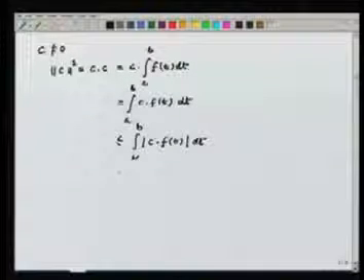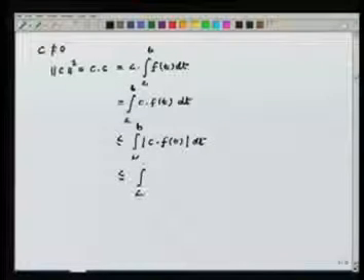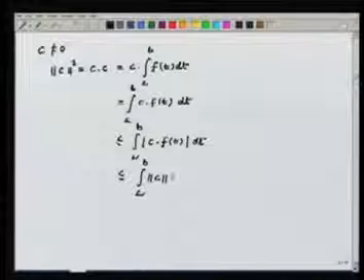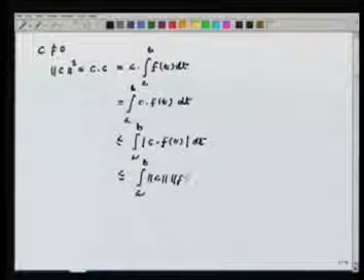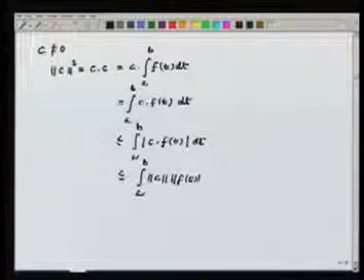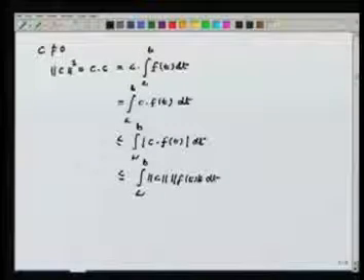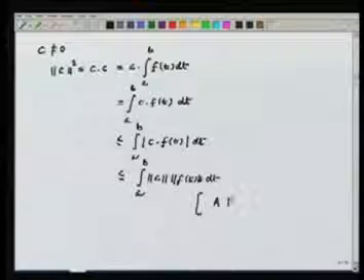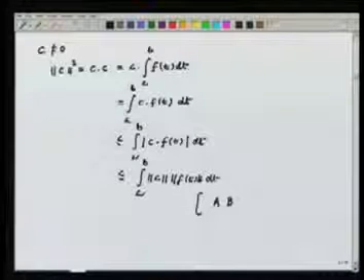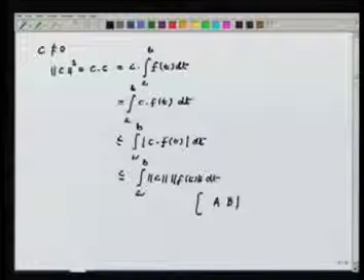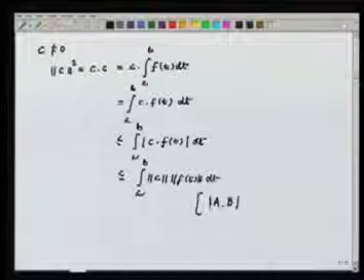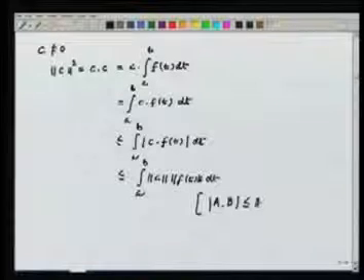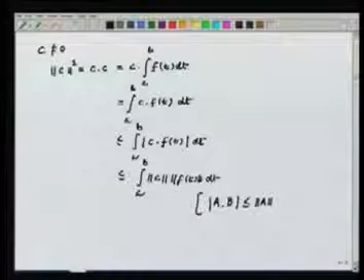Now this is anyway less or equal to integral a to b norm c times norm f(t), which is an elementary inequality about vectors. I will write it separately. What do I mean by this? If you have 2 vectors a and b, you look at their dot product, then this is a number, and the modulus of this dot product is less or equal to norm of a times norm of b.